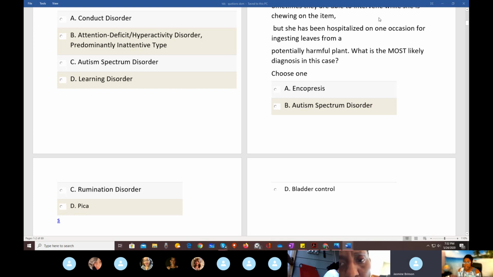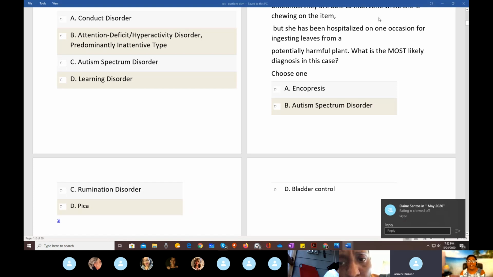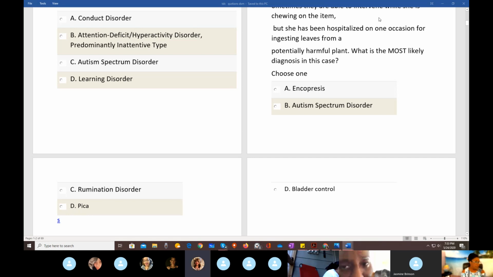Pica, of course, we talked about as non-food. Rumination disorder. What's that one? Ain't that throwing up, like eating and throwing up? So with rumination disorder, and you can YouTube it, it is so gross. We really thought it only happened in kids. Now we know it happens in adults as well. I chew and chew and chew and chew. I swallow my food or I spit it up and I put it back in my mouth. Ew. And it's not a physical problem.